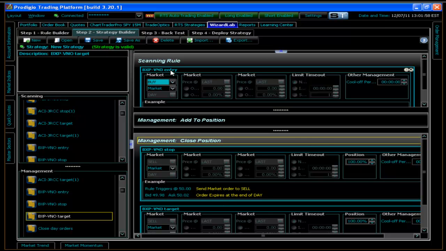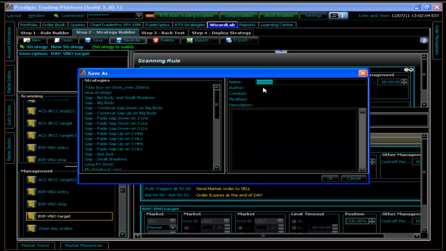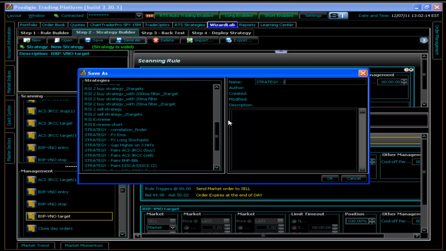That's done. So knowing that this is the buy side of the strategy, let's go save as. And I always do mine the same. I always go strategy, pairs like this. I want to make sure I do this the same way. There you go, strategy like that. I like to use the same protocol for all of them.